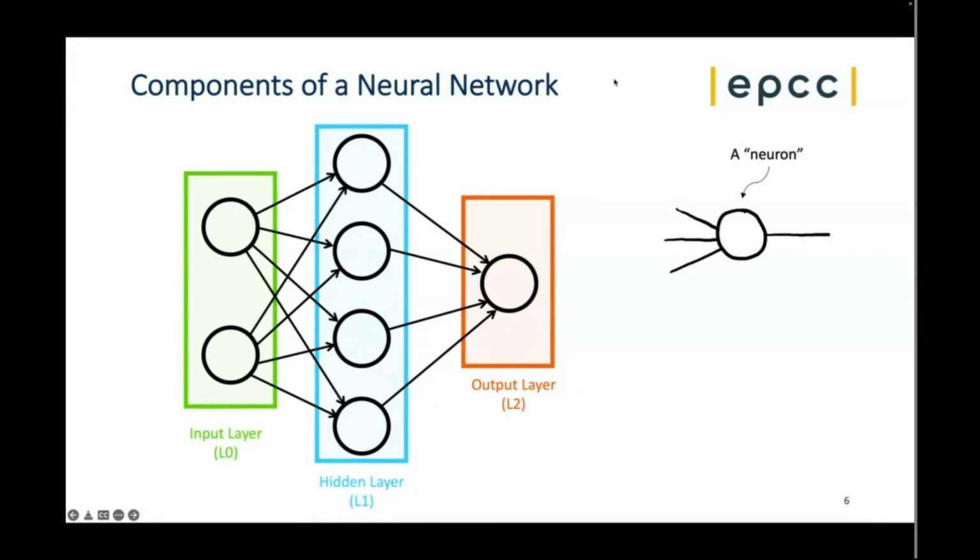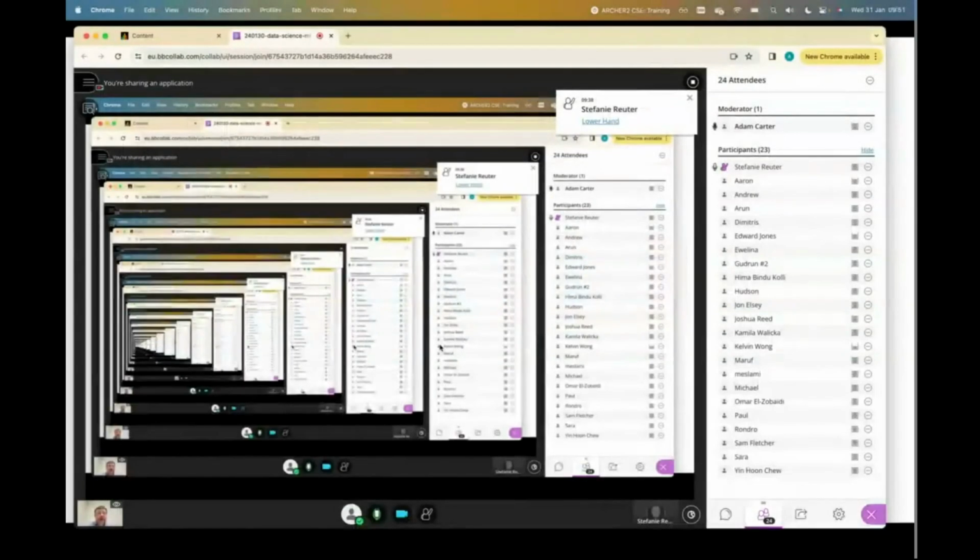So the weights are associated with the edges. In neural network speak, people talk about weights more frequently than parameters, but these are exactly interchangeable. So all the parameters are associated with the edges. I'll come on to that in a bit more detail.